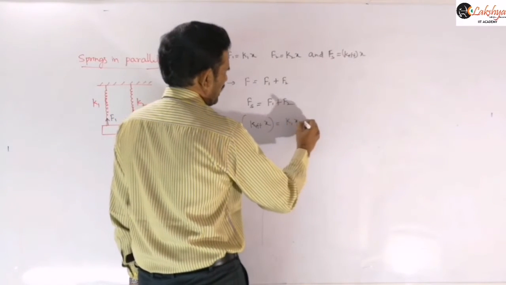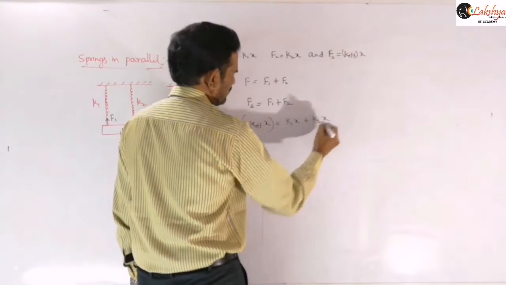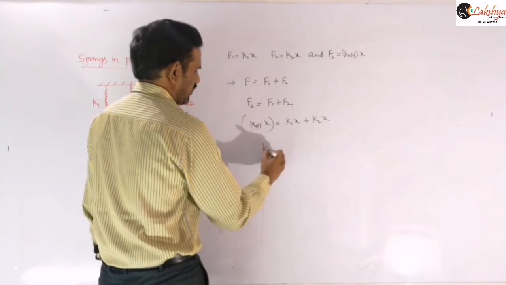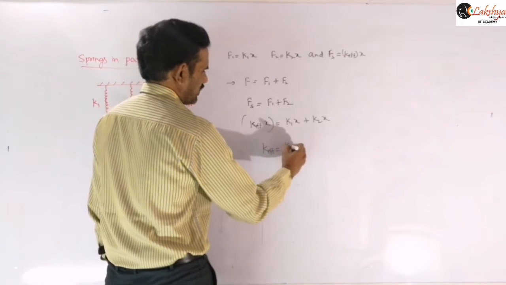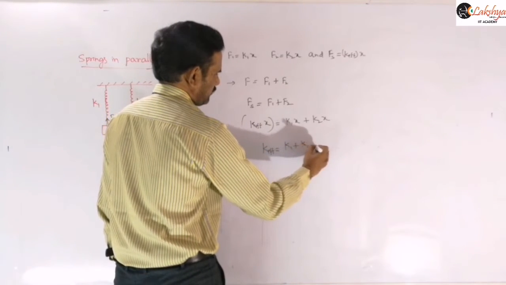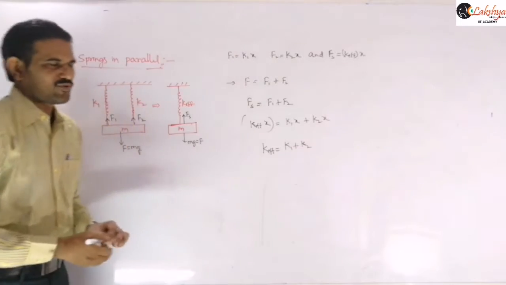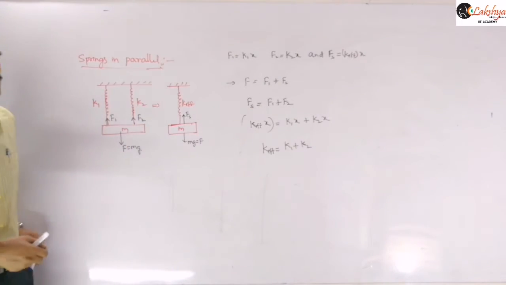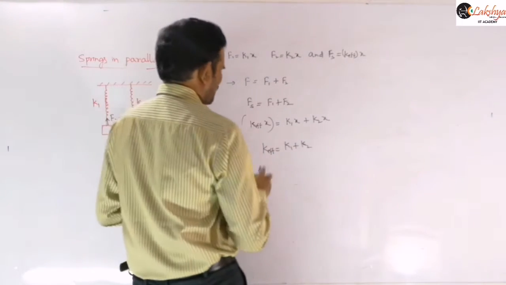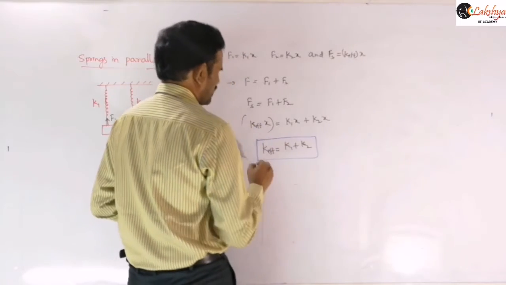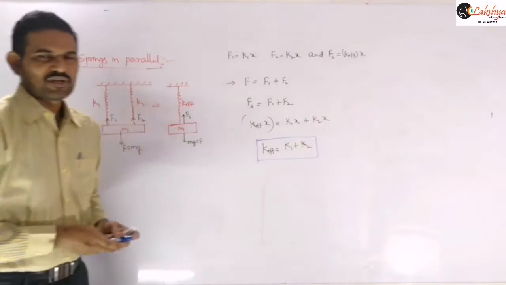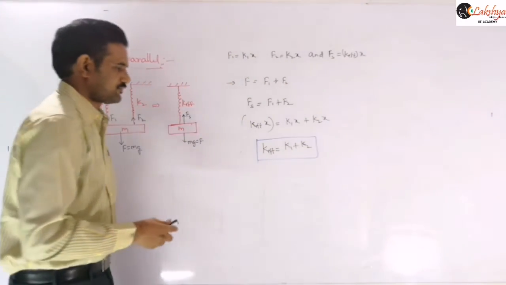So this is K1X plus K2X, and so K effective will be equal to K1 plus K2, because the X value is common and cancels. So this is the effective spring constant: we just need to add the spring constants of each spring.